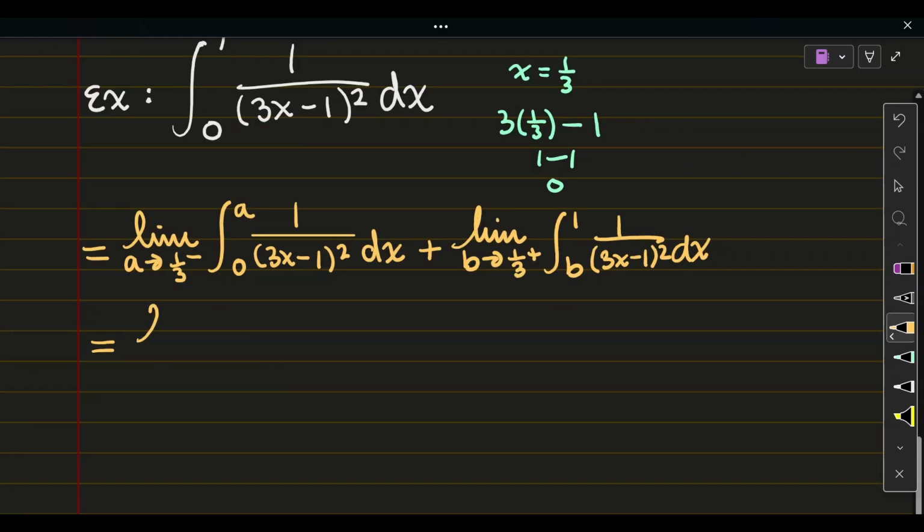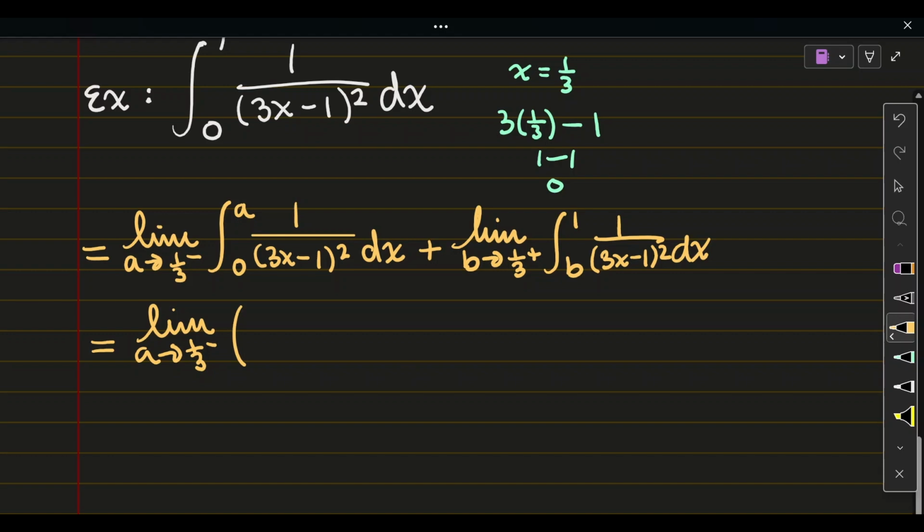Notice that I never drop the limit notation, because when I drop the limit notation, I'm talking about something fundamentally different. So we never drop the limit notation until we actually plug things in.